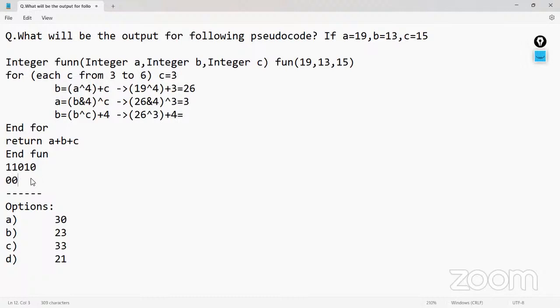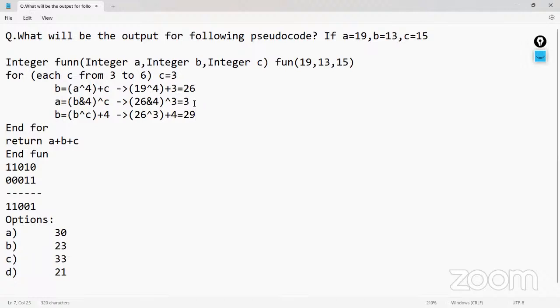Here I need to change 2 plus 1, right? And here to calculate the XOR, same, different, right? So that is 16 plus 8 plus 1. So 16 plus 9, it is what? 25. And 25 plus 4, the value of B is 29.